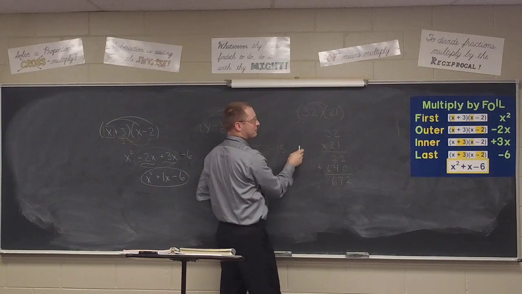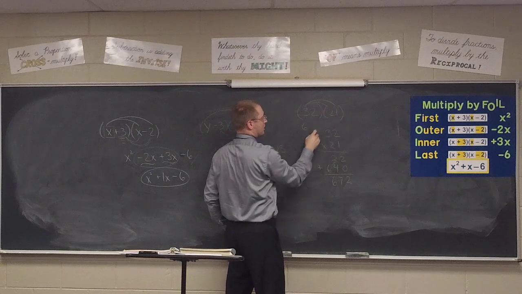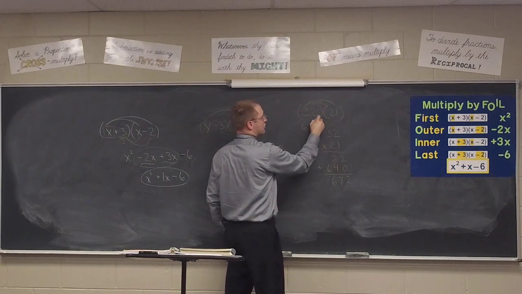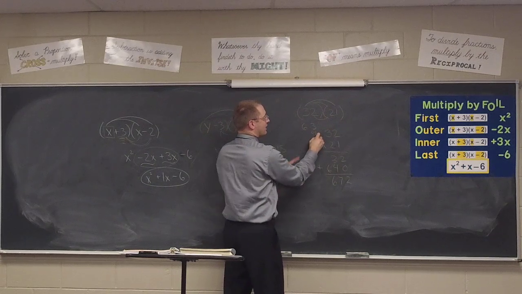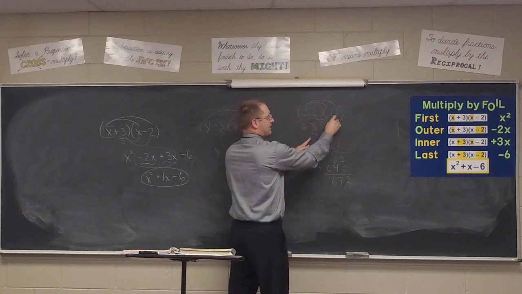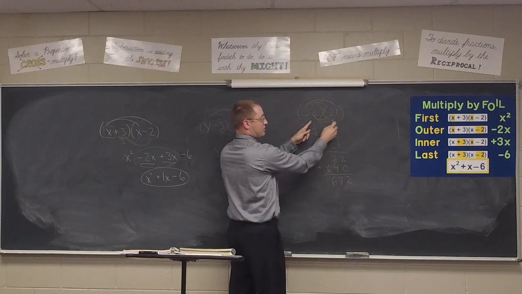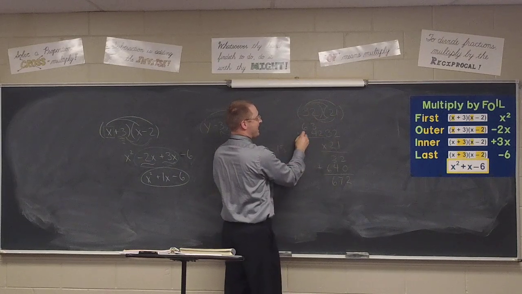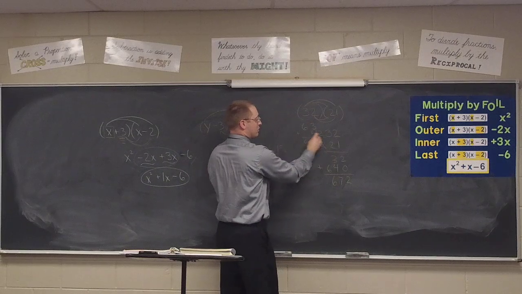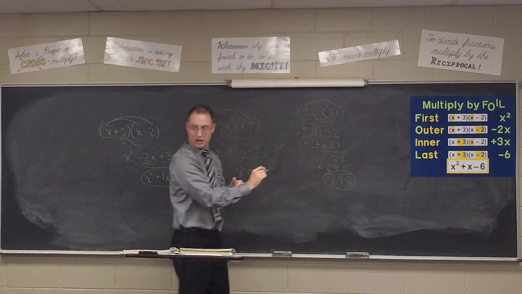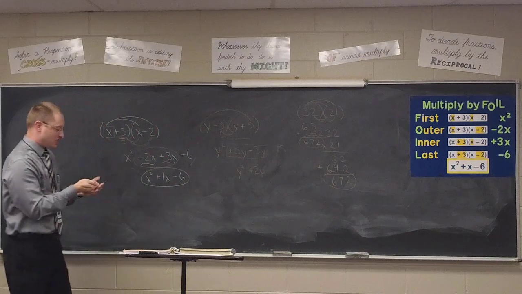It's not terribly different, but imagine 32 times 21. Distribute the 3, 6, distribute the 2, 4, and line it up with the 3, 1, 2, and when you add 6, 7, 2, same answer. It's just a different way of approaching it.